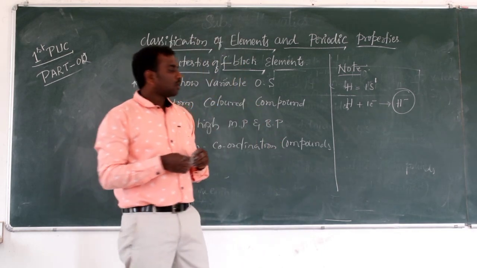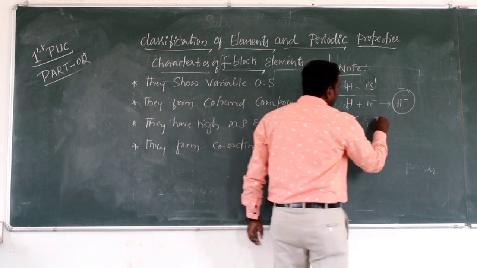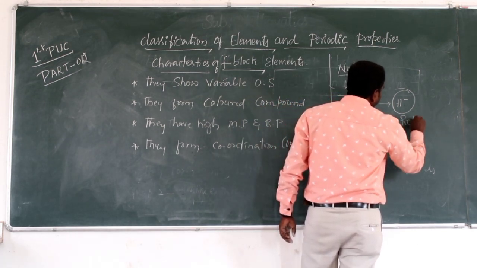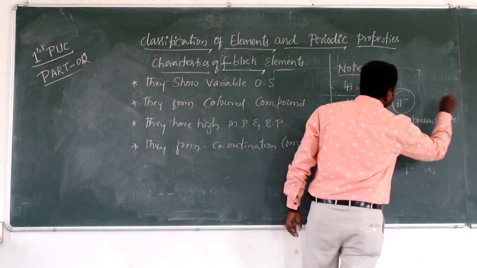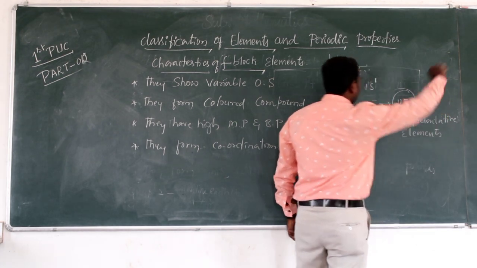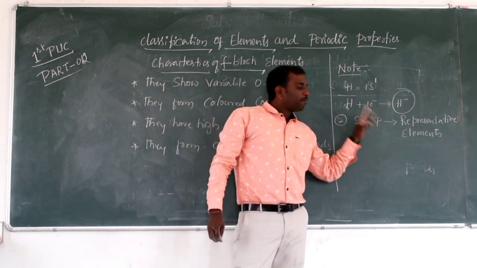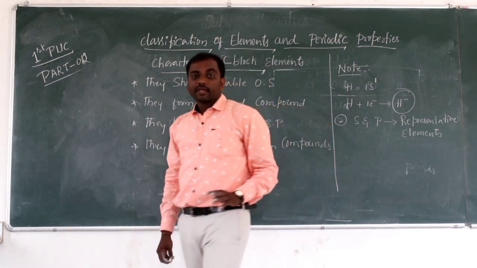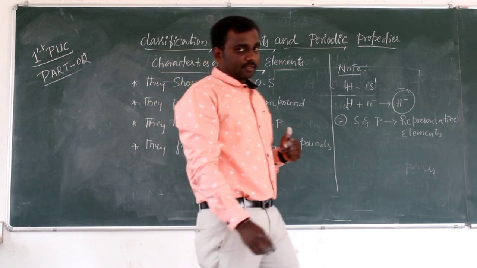The second note is that S and P block elements are called representative elements, because some shells are incomplete.